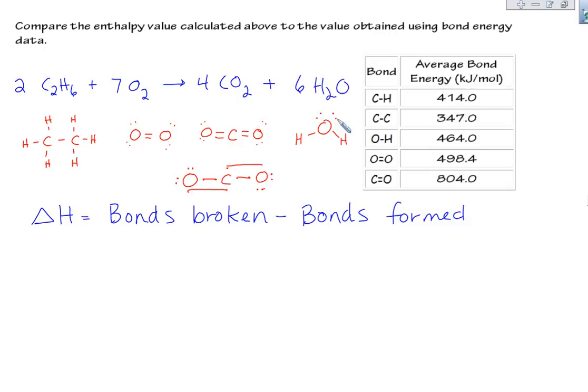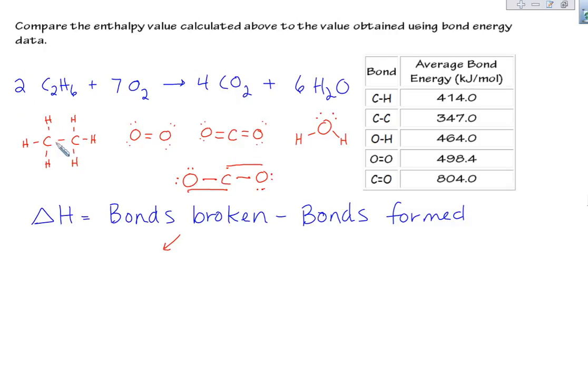All right, so let's say we do bonds broken. Here they are, bonds broken. Oh, interesting. Okay, so there's 1 carbon-carbon bond in the middle. I need to break that 1 carbon-carbon bond, but in my balanced equation, I have 2 times that.